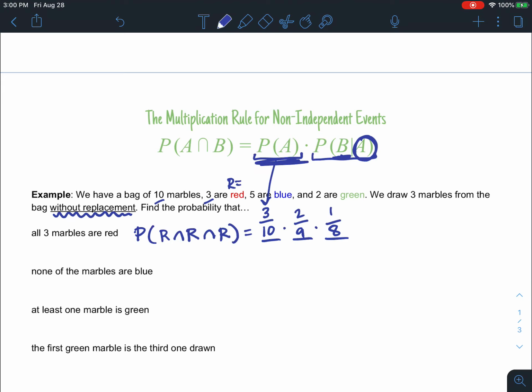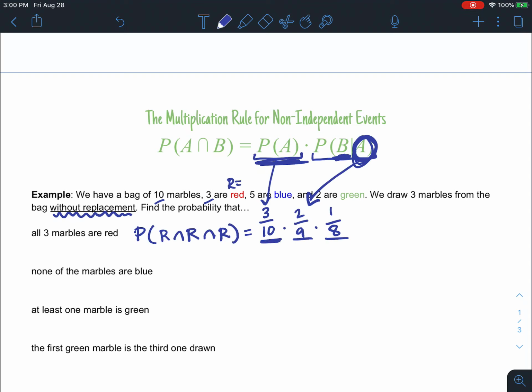Since they're not independent events, I know that it matters that A has happened. It's going to affect B. And it did. Since the first one was red, I had to adjust my second probability: because the first one was red, the probability of the next one being red was 2 out of 9. And then I had to do it again.